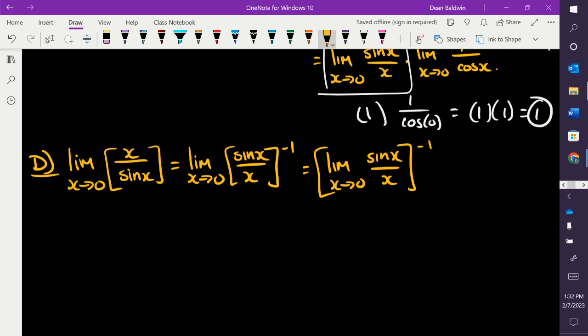The limit as x goes to 0 of sine x over x is 1. So then I get 1 to the power of negative 1, which is just 1. Well, but this is why you can do that.